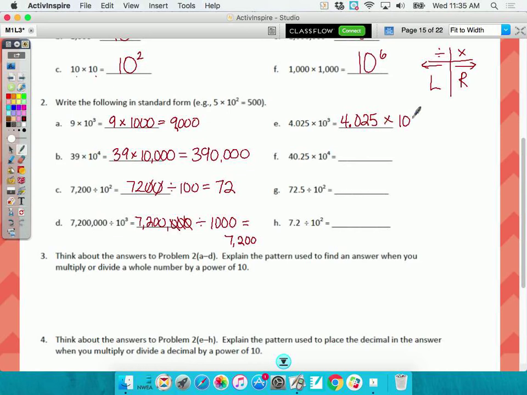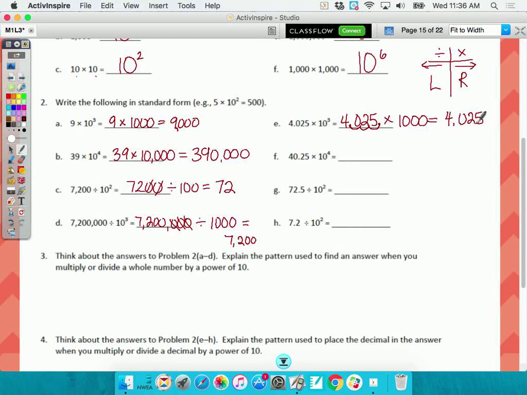You're going to have to memorize that. So what do I do with my decimal? Boys and girls, what do I do with my decimal? You move it 3 times right. So where does the decimal end up? After the 5. Good, after the 5.